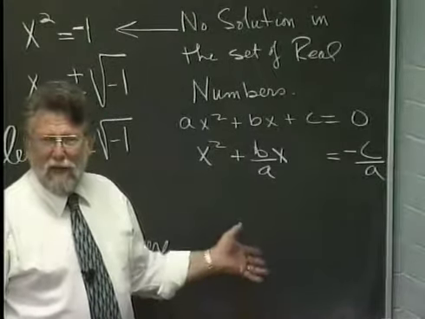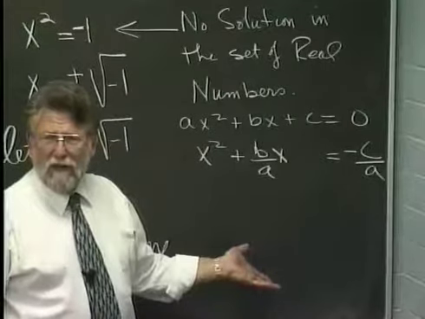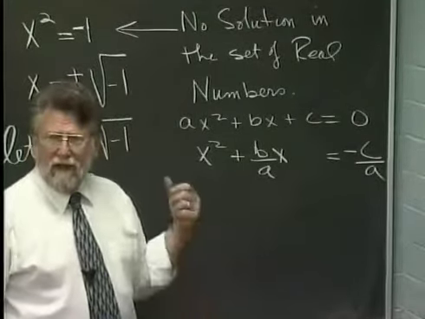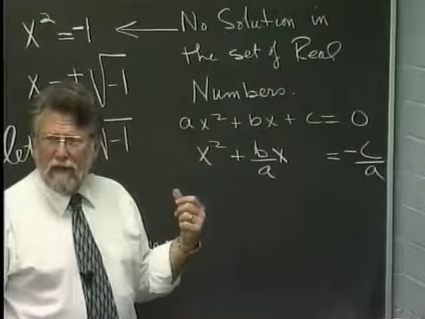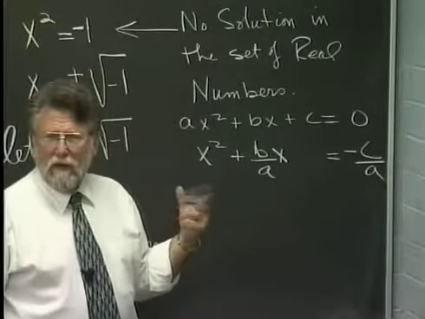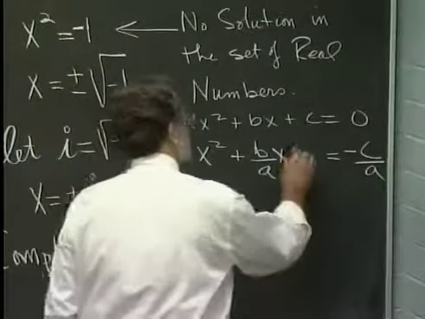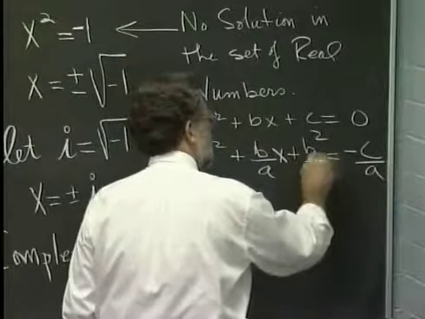b over a, you divide it by 2. Invert the 2, it becomes 1/2, multiply, and you get b over 2a. Okay, now square b over 2a, and what do you get? b over 2a, and square it. b squared over 4a squared.